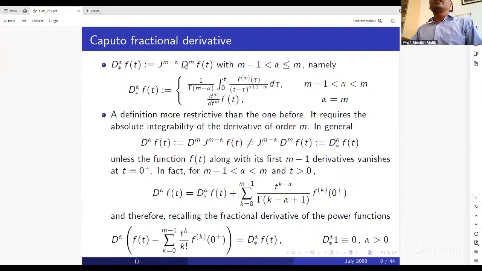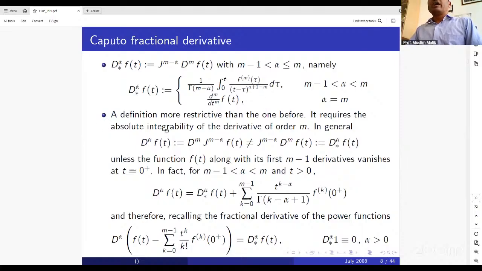Therefore the fractional derivative of a constant function is 0. So now this Caputo derivative satisfies all the properties of the integer order derivative. This is an even better fractional derivative in comparison to the Riemann-Liouville fractional derivative.